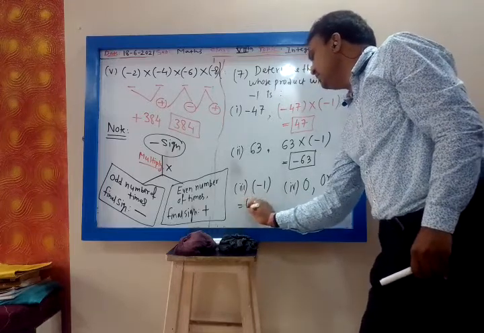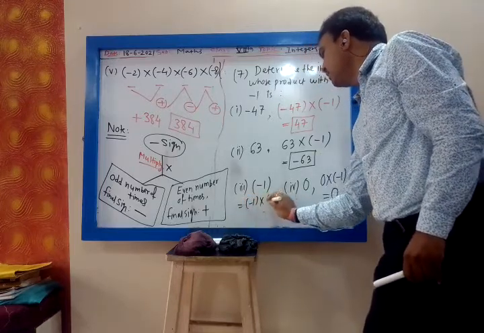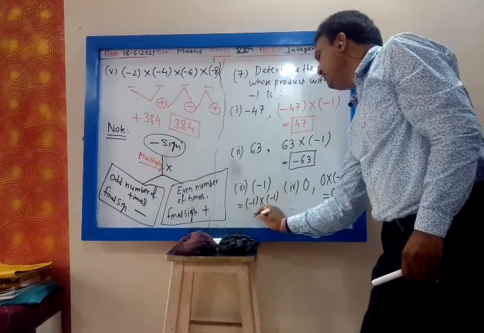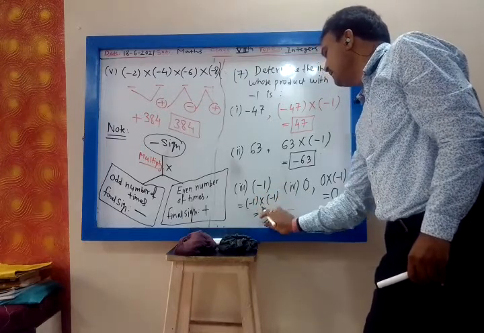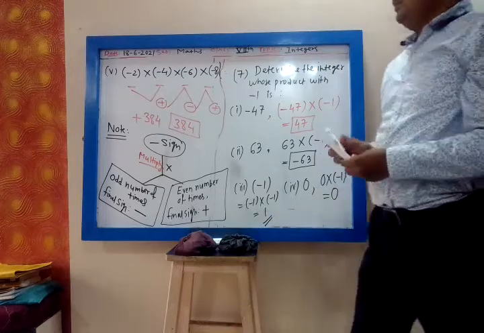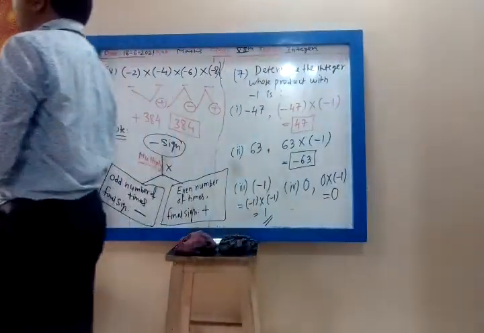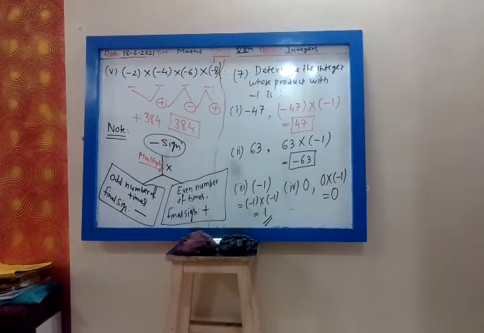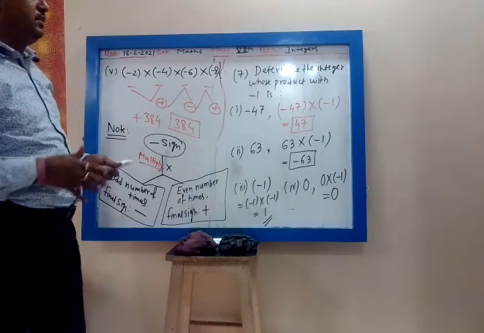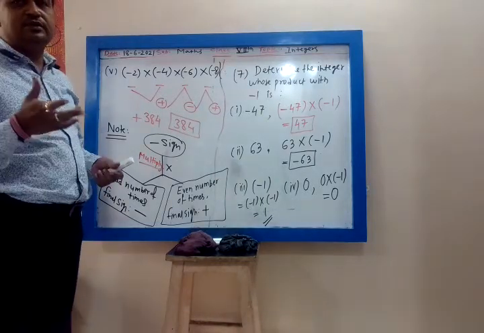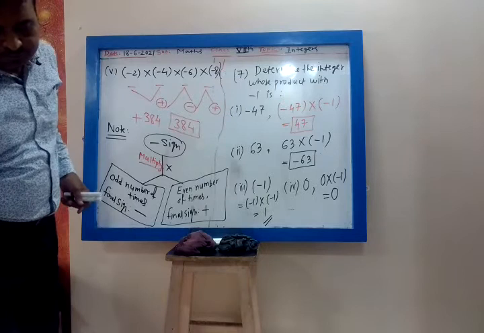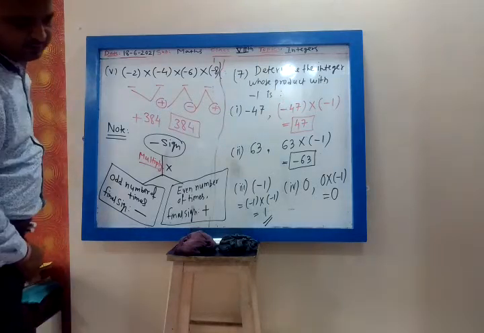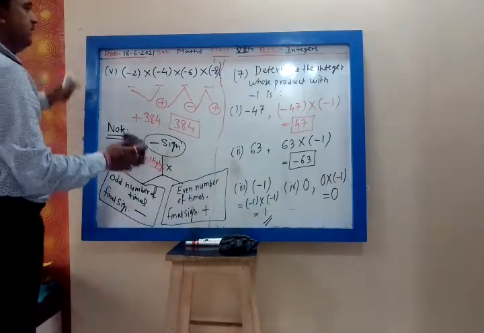Minus 1 will be minus 1 into minus 1, which will be plus 1, since minus into minus is plus. The product of minus 1 with minus 1 will be plus 1. And the product of 0 with minus 1 will be 0, because 0 multiplied by any number will give you 0.